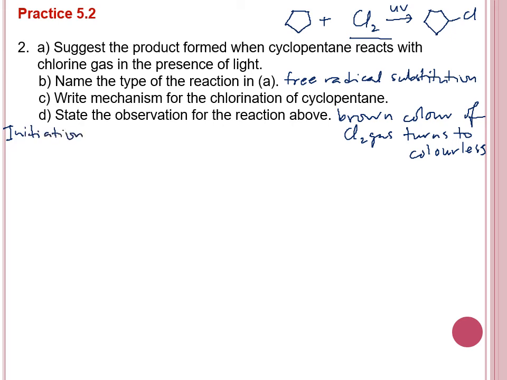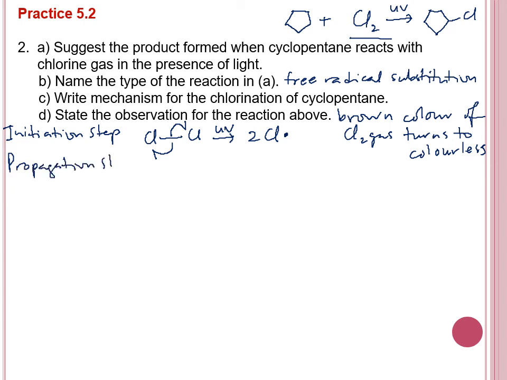Initiation start. So it would have a chlorine gas, UV, and we get 2 chlorine. This is the arrow, the half-headed arrow, which is important. That shows only 1 electron is transferred. So it becomes chlorine free radical.